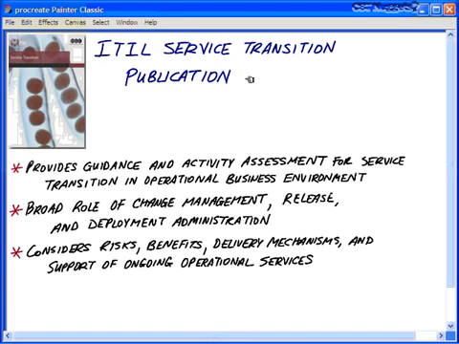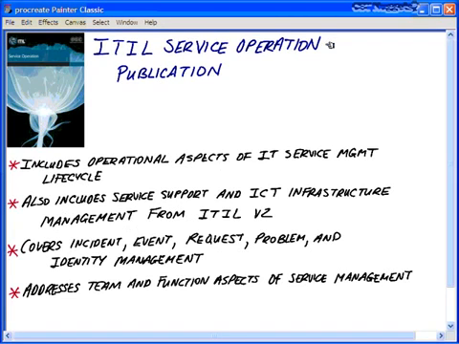Service transition is going to consider things like risk, benefits, the delivery mechanisms and changes to those mechanisms, as well as support of the ongoing operational services. Remember, for many organizations, transitioning to an ITIL solution is going to involve a lot of complex changes and complex processes, some of which will affect the very core of the business.